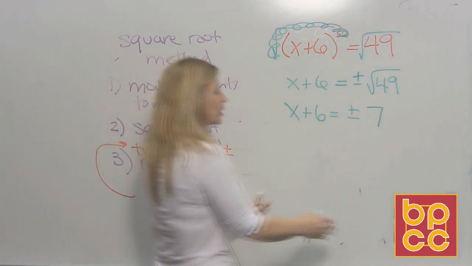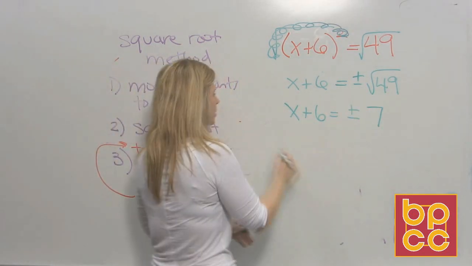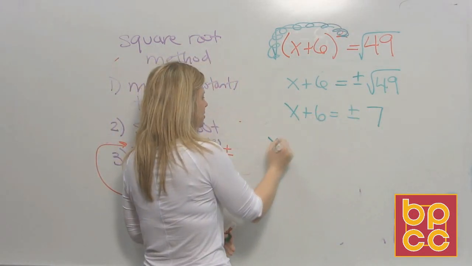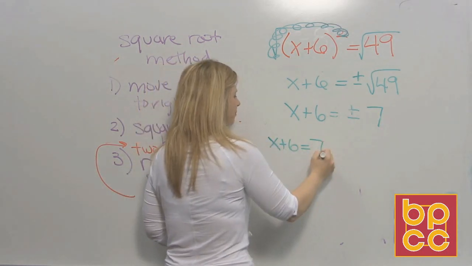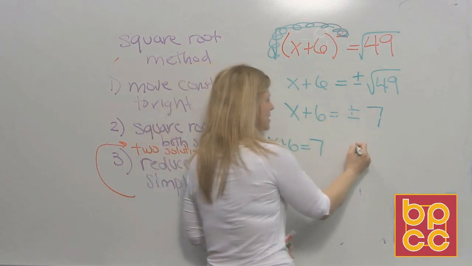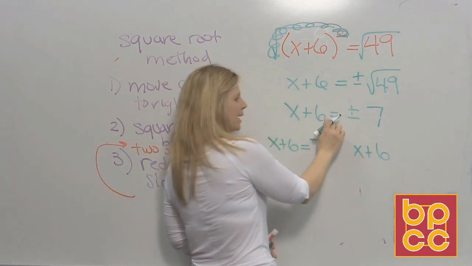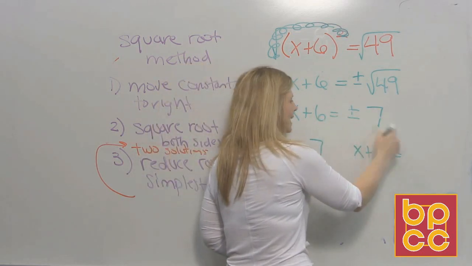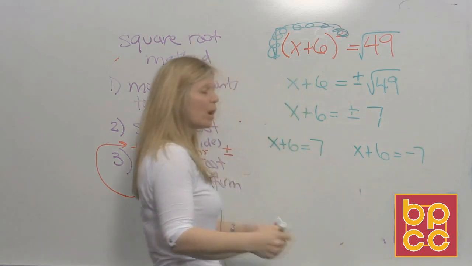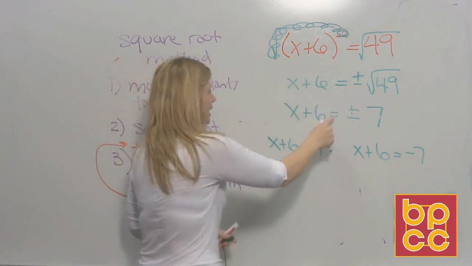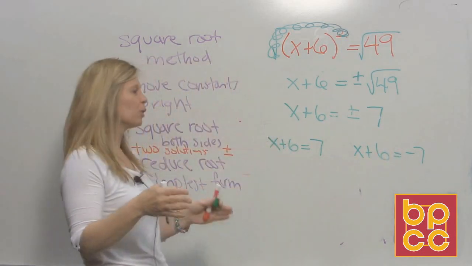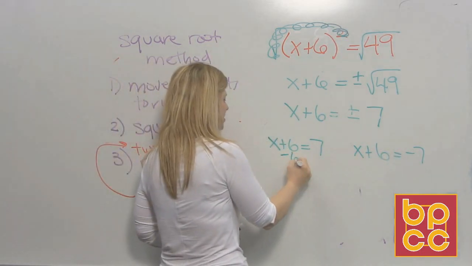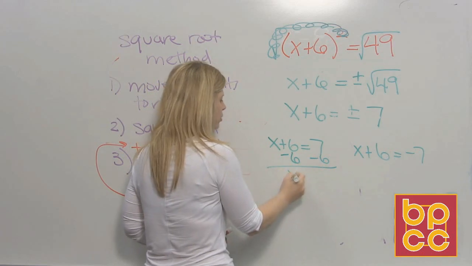So what you need to really do is write two equations. x plus 6 equals positive 7. x plus 6 equals negative 7. That's what that statement says. It equals both the positive and the negative. So if you write it as two equations, now you can move the 6 and get your solutions.